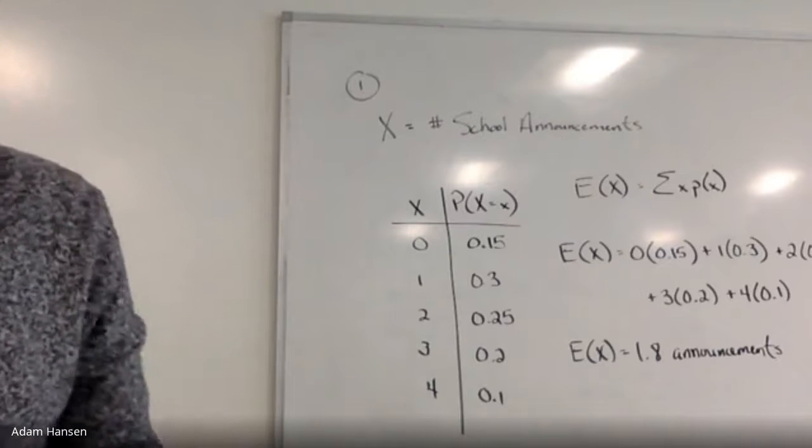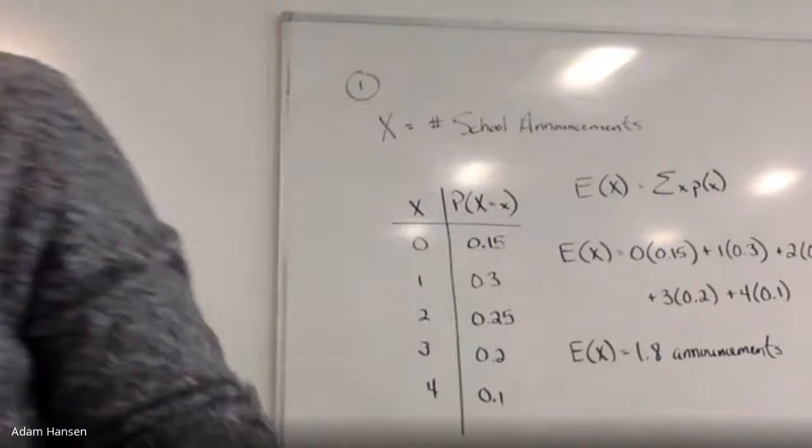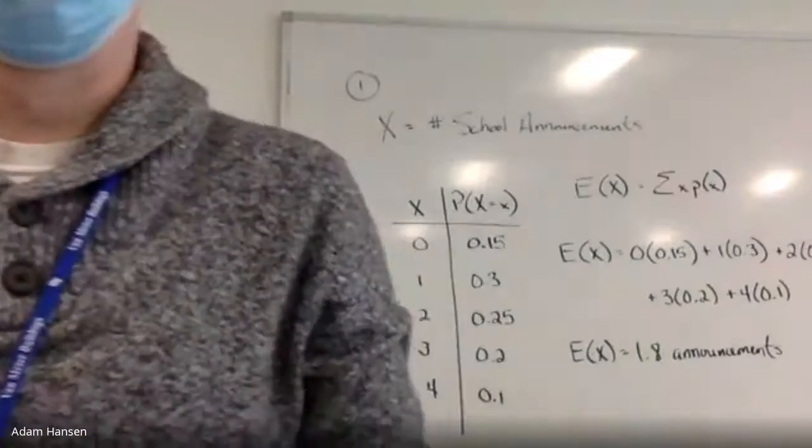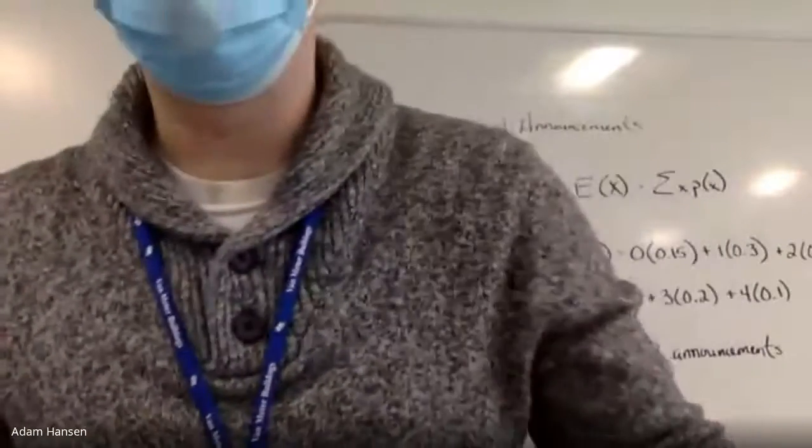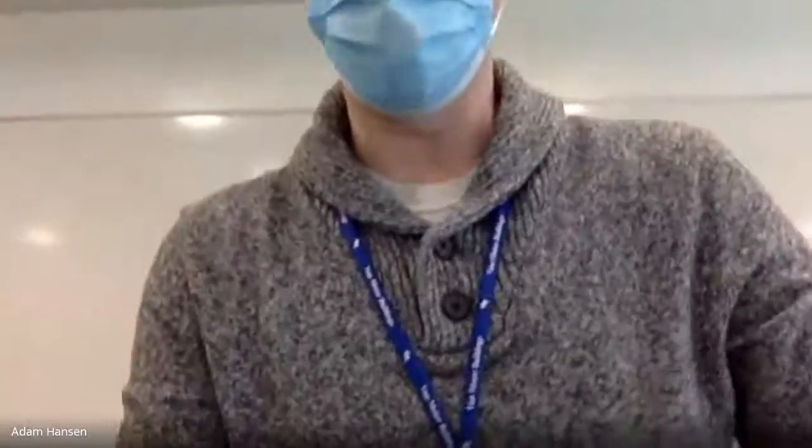Okay, try number 2. Let's flip over to the back side, and I'll have you guys work on number 2 for a minute. Number 2 on the back of the first page. Suppose a coin is flipped 4 times, and let x equal the number of times that the coin is heads. The table below gives the probabilities of the number of heads. So I get 0 heads 1/16 of the time, 1 heads in my coin 4/16 of the time, and so on.